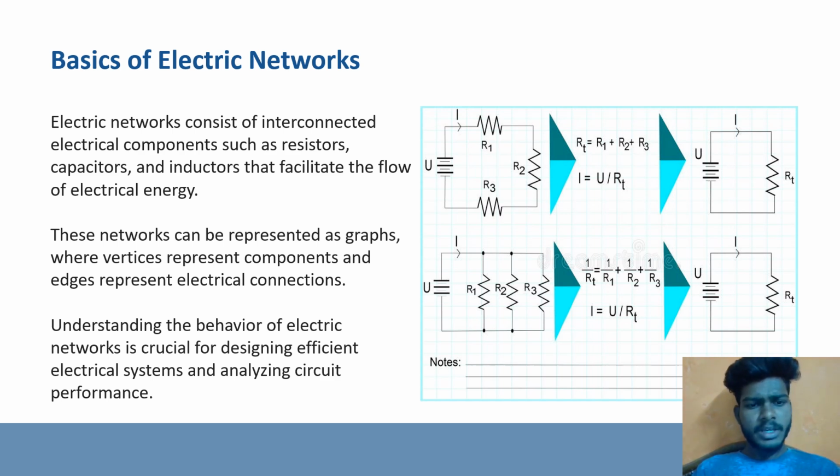These networks can be represented as graphs where vertices represent components and edges represent electrical connections. Understanding the behavior of electric networks is crucial for designing efficient electrical systems and analyzing circuit performance.